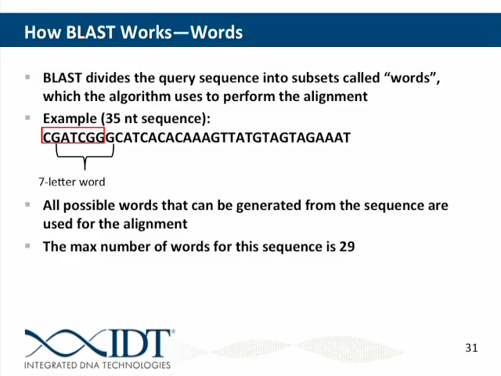Here's an example where we have a 7-letter word. What BLAST does is break this sequence up into all of the possible 7-letter words that it can from this sequence by moving that red box over one base at a time. In this 35 nucleotide sequence, the max number of words possible is 29 different words. All of these possible words that can be generated from the sequence are then used by the BLAST algorithm to create the alignment.